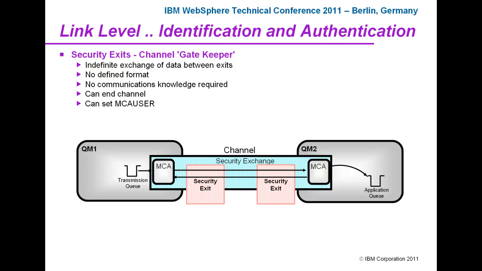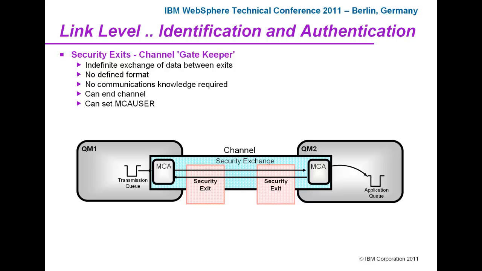Useful when you want to do something extremely explicit, something that is not built into the product. No defined format, you don't need to be doing comms programming. You send the buffer to the channel and it will move it to the other security exit. And this interrogation can go on until the exit decides that this channel is allowed to run and might set the MCA user accordingly, or that this channel is not allowed to run and will end the channel.